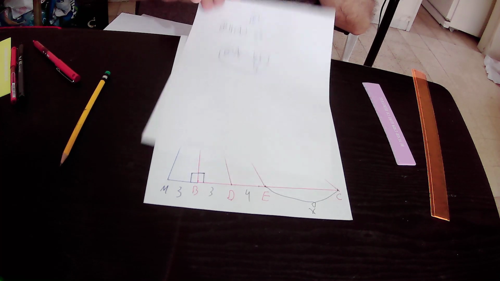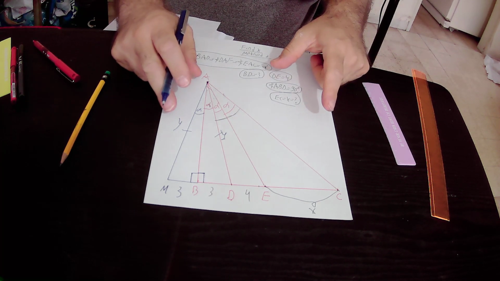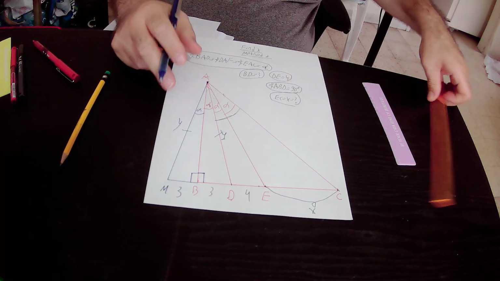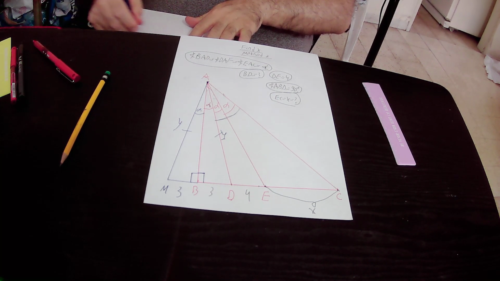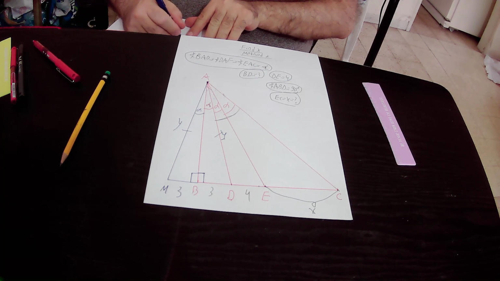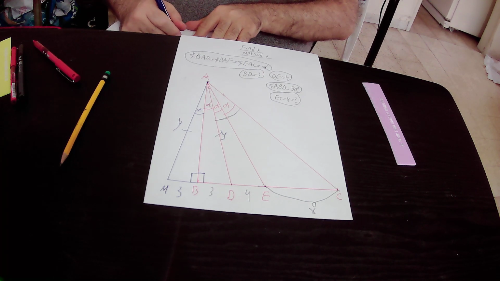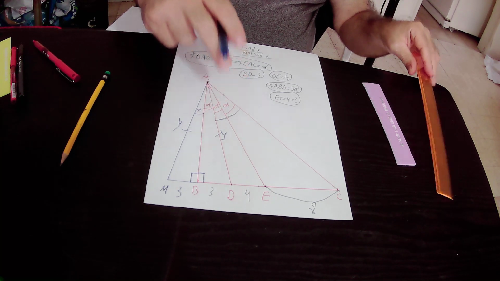So in the next step we will focus on the big triangle, triangle AMC. On the big triangle AMC, we know that AD is angle bisector.